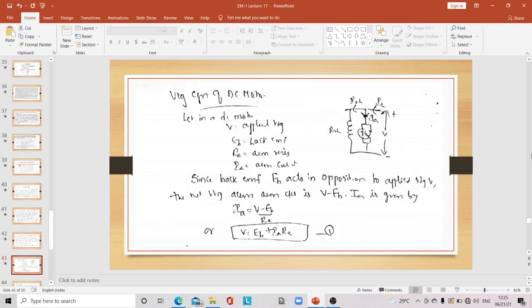Let us see now the voltage equation of a DC motor. So we are considering here a shunt motor, where V is the applied voltage, EB is the back EMF, RA is the armature resistance, IA is the armature current.